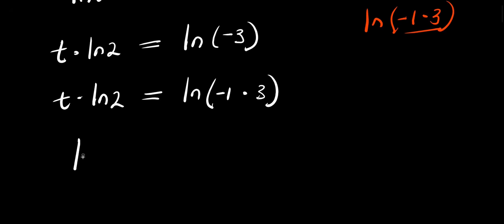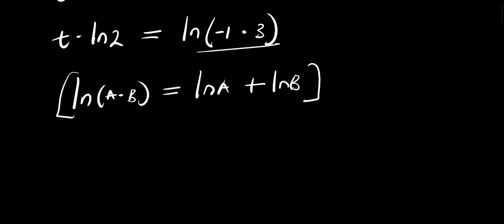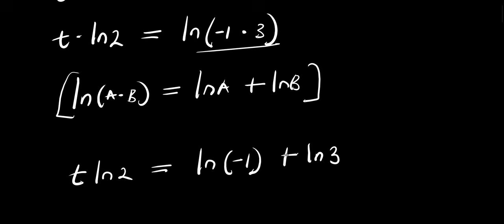Now, if you have natural log of a times b, this equals natural log of a plus natural log of b. I apply that here. I'll simply have t natural log of 2 equals natural log of negative 1 plus natural log of 3.